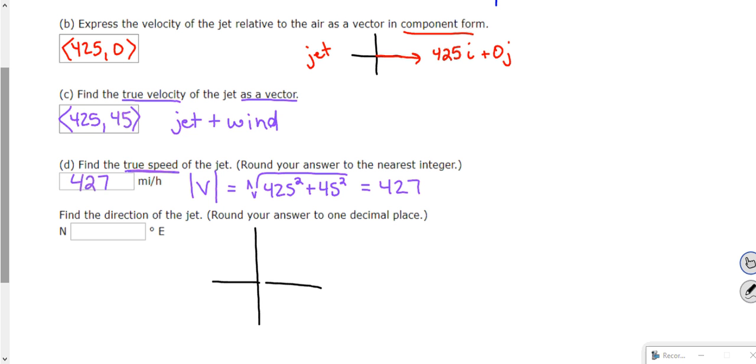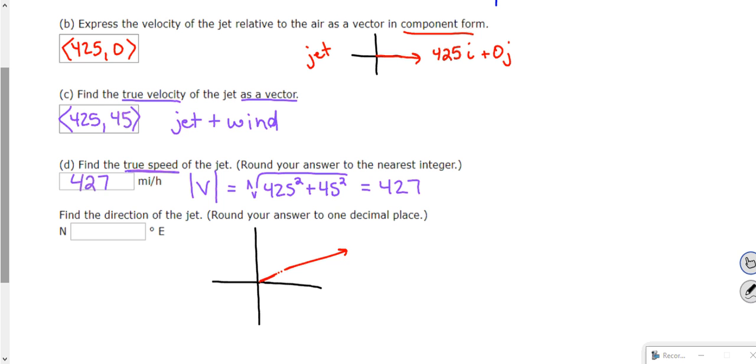The jet is supposed to be going east, but of course the north wind is actually pushing it, so the jet's going to end up going up a little bit. The wind is going to push it north a little because it's a north wind. I probably drew that a little too far, but that's all right.